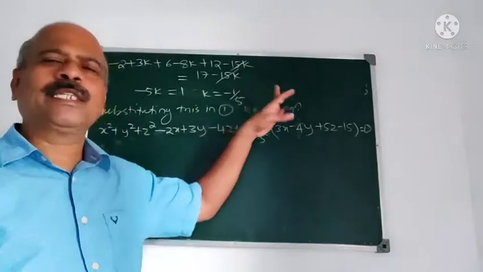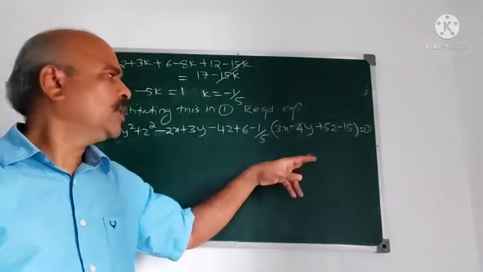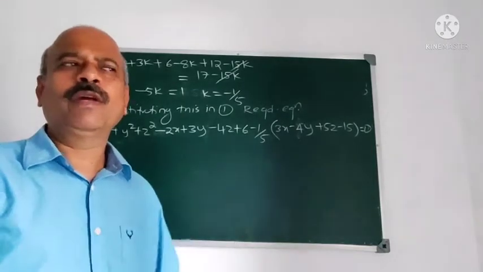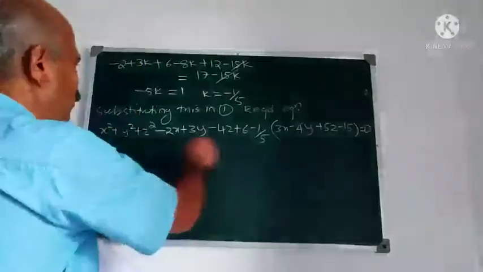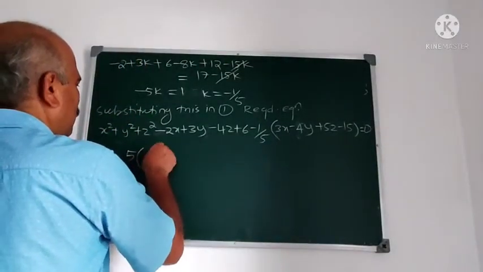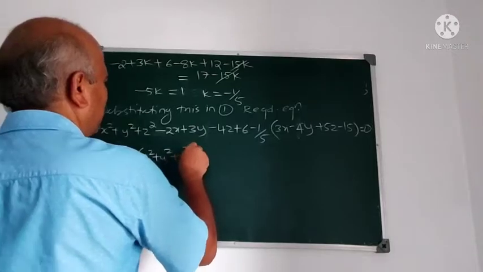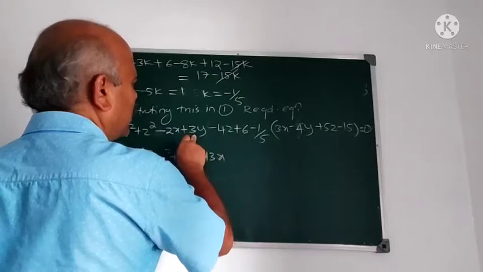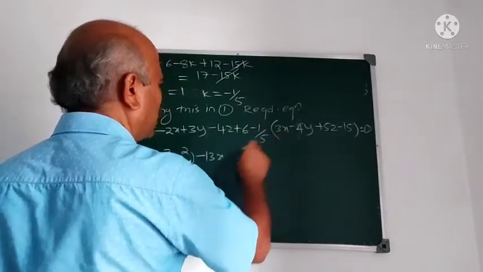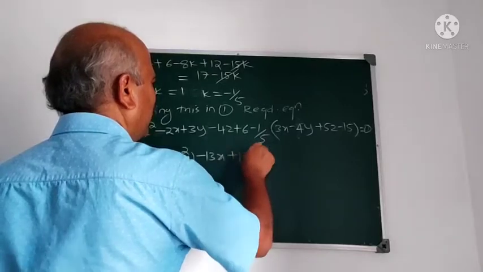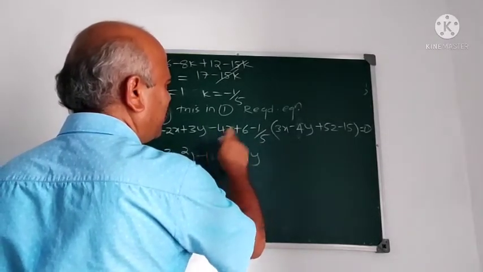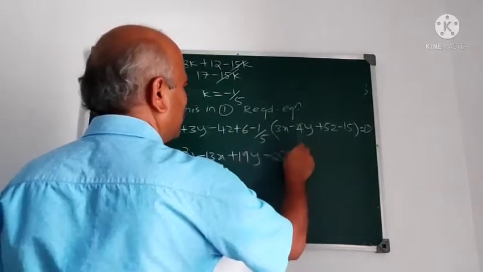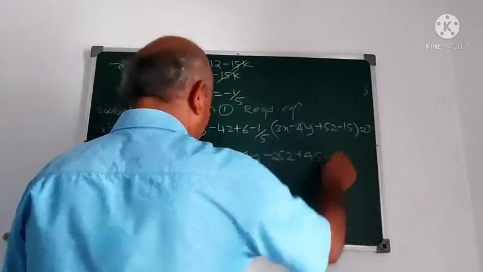Since that sphere intersects the given sphere orthogonally, we used the condition of orthogonality, 2u1 u2 plus 2v1 v2 plus 2w1 w2 is d1 plus d2, to find k, and we obtained the equation: x square plus y square plus z square minus 10x plus 19y minus 25z plus 45 is 0.